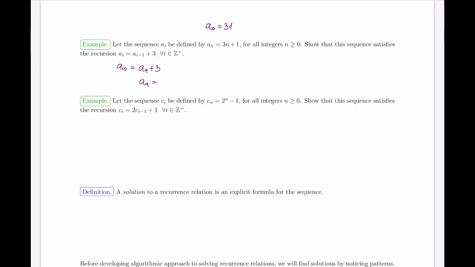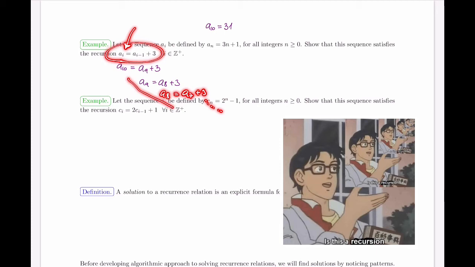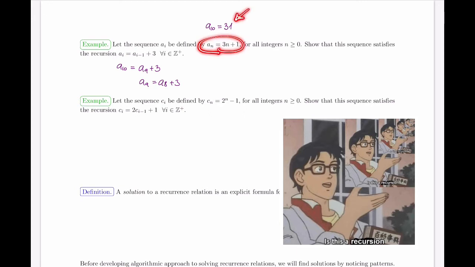I will apply the exact same recursion to compute a of 9, which will be a of 8 plus 3. Now, I still can't quite compute this, so I'm going to have to figure out what a8 is, and so on and so forth. So if I have a recursive definition, if I want to compute any particular term in the sequence, I have to go all the way down to the very beginning. If I have an explicit formula, I can compute any given term directly.